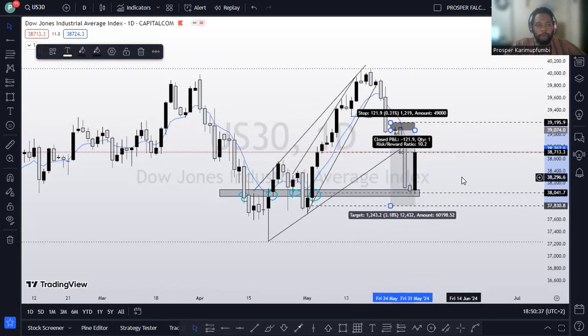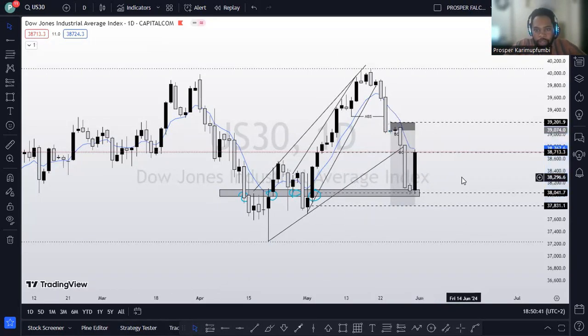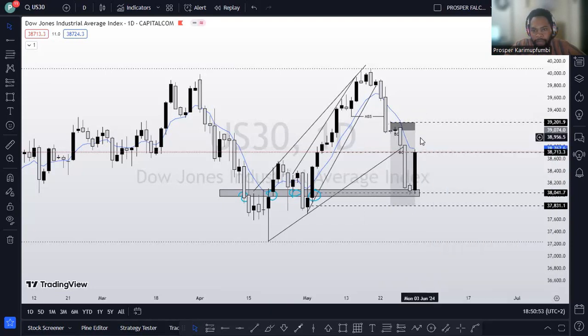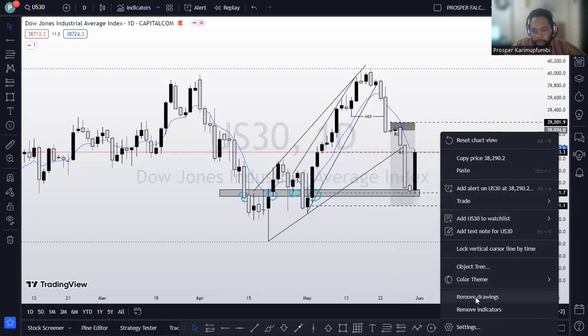Without going deep into this setup, I'll remove everything and explain the reason why I was looking for shorting US30 from that level, the current setup that you are looking at.